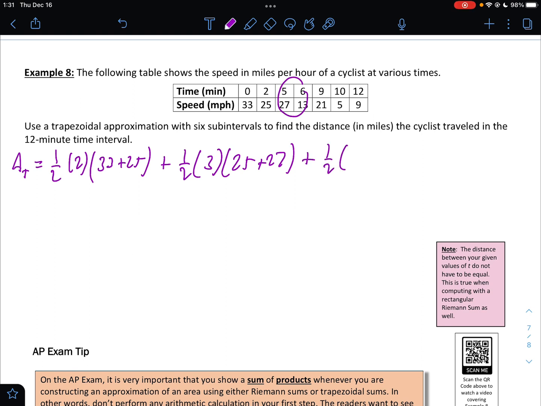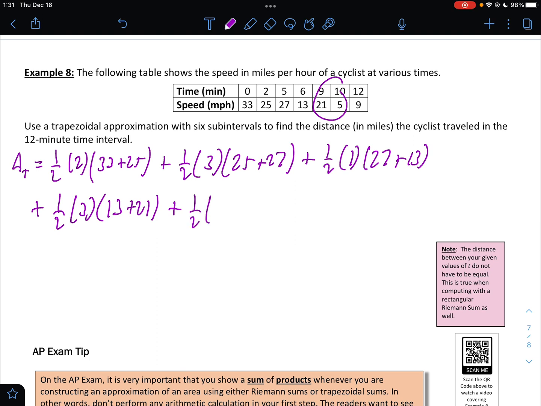The height would be 6 minus 5, so 1, times 27 plus 13. Plus the fourth trapezoid, 1/2. The height is 9 minus 6, so 3, and then base plus base. Fifth trapezoid, 1/2. 10 minus 9 is 1, and then base plus base. And finally, our last trapezoid, 1/2. 12 minus 10 is 2, and then base plus base.